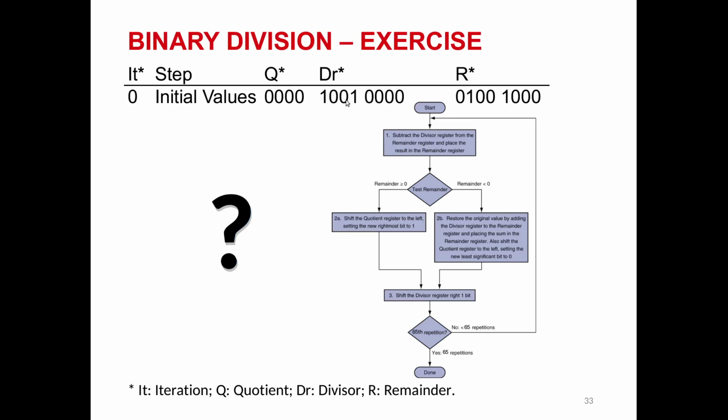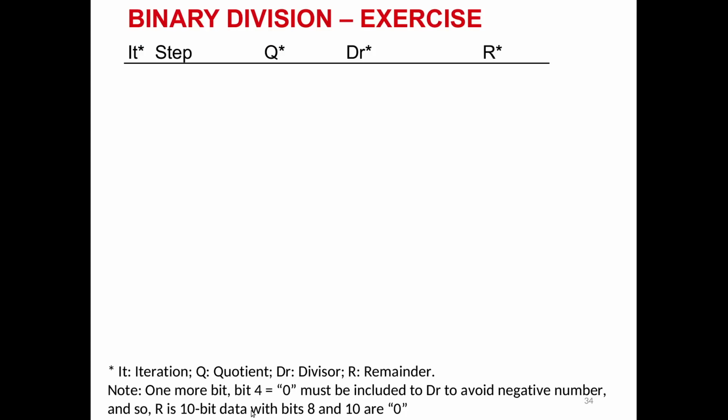It is because we push the DR to the left, and so we have room to shift it to the right. That's why we have this 0 located here. You should do this example exercise by yourself, but I will give you the result here also, so you can make a comparison with it when you finish your work.